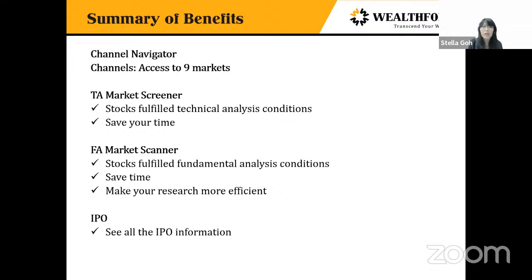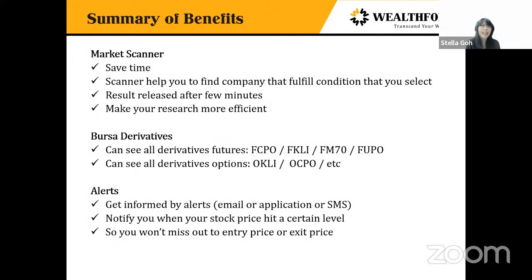So for the IPO, you can see all the IPO information. And for the market scanner, you can save your time because the scanner can help you to find the companies that fulfill the conditions that you select. So the result is also released after a few minutes. So it makes your research more efficient.